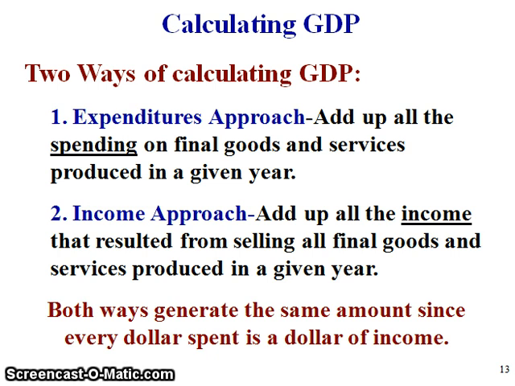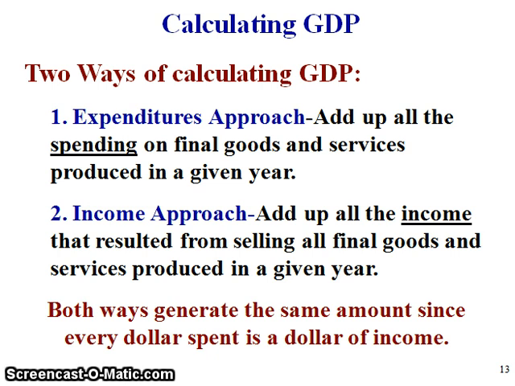Calculating GDP, there are two approaches: the expenditures approach and the income approach. With the expenditures approach, we use a simple formula to add up all the spending on final goods and services produced in that year. And the income approach is one that we'll use some, but probably not as much in class, adding up all the income that resulted from selling all final goods and services produced in a year.